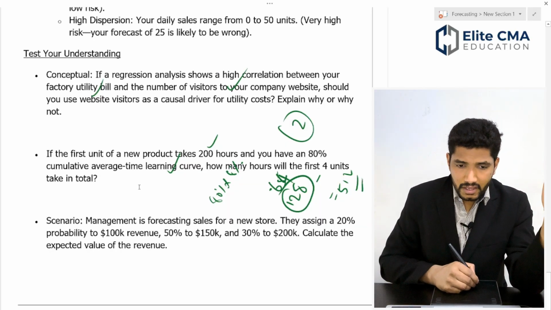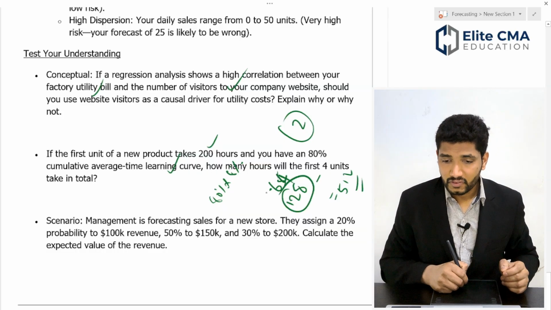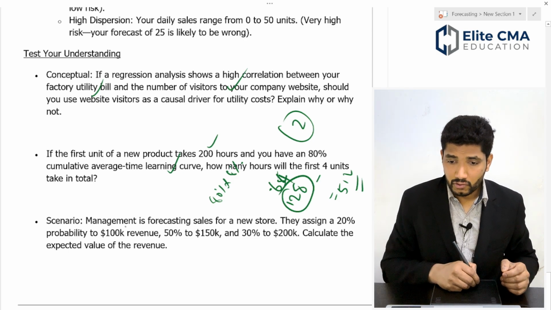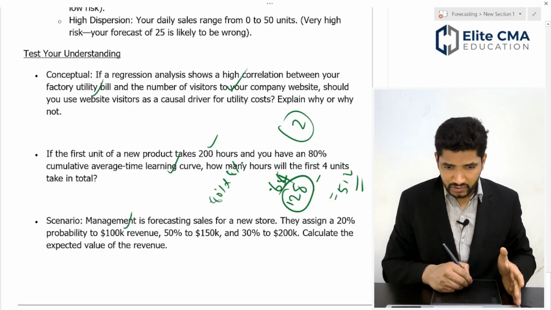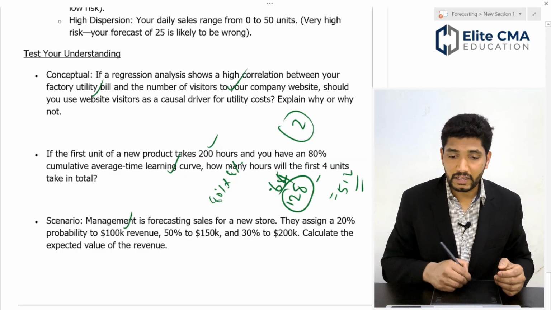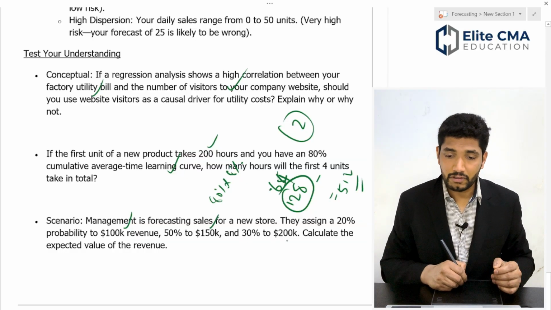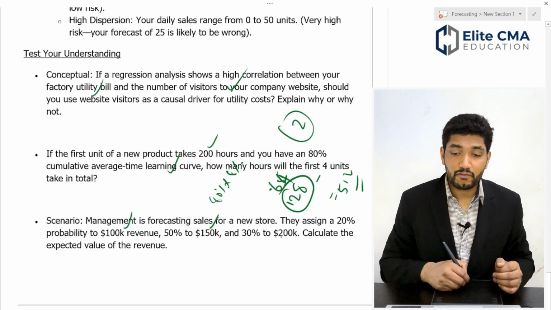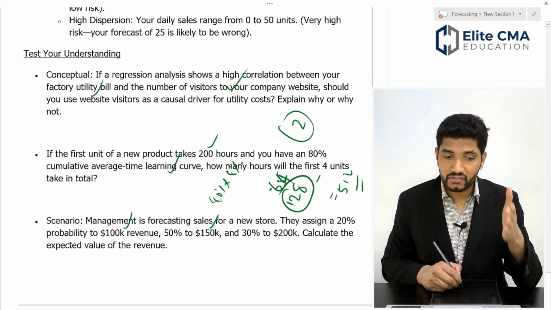Then scenario 3. Management is forecasting sales for a new store. They assign 20% probability to 100k revenue, 50% probability to 150k revenue, and 30% probability to 200k revenue. Calculate the expected value of the revenue. So how will you calculate? You have to multiply each probability with its scenario.